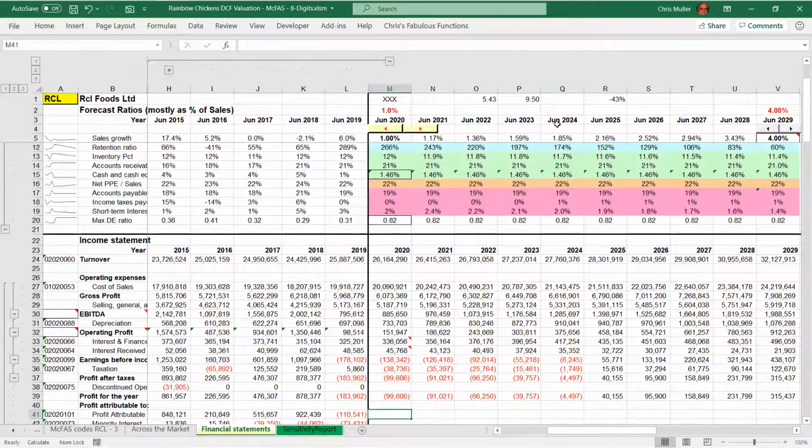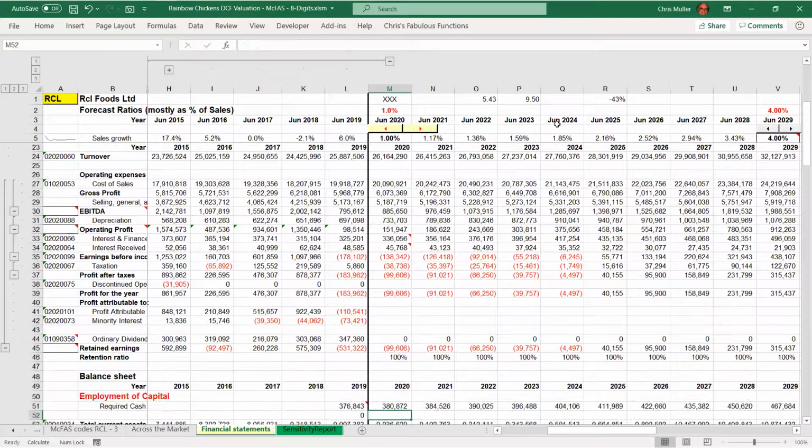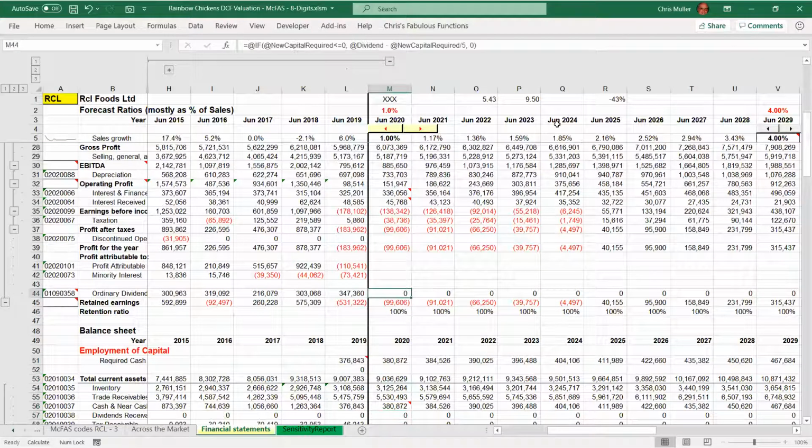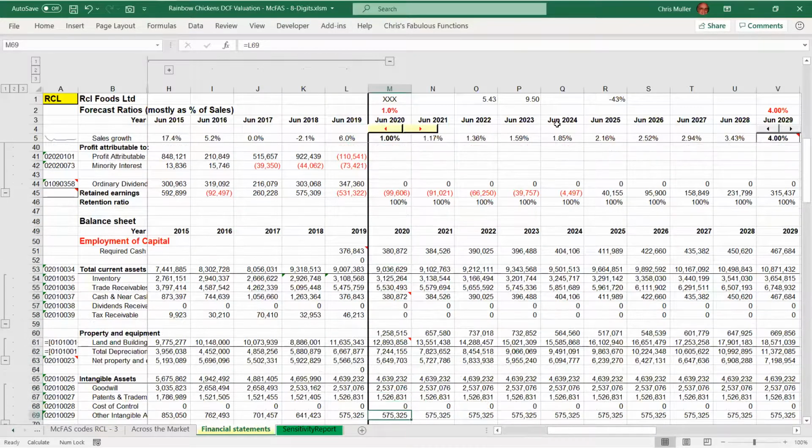Right, let's move ourselves down through the income statement that we'd sorted out. There was one piece, row 44, the dividend, that we still want to cover. But here we go on to the top part, which are our assets, how the capital has been employed. There are 2 main parts here. The first is the current assets, and those are inventory and receivables and cash.